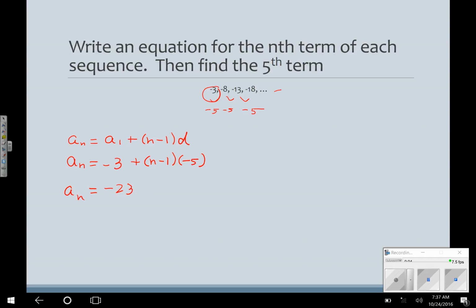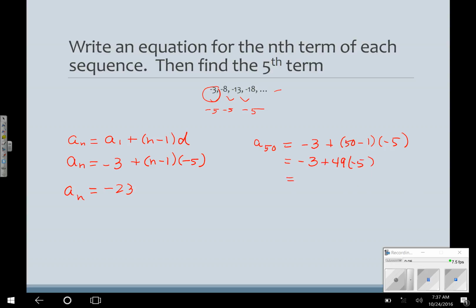Okay, but let's use this to find the 50th term. If I wanted to find a sub 50, we could find a couple, but it would get really tedious and boring if we tried to keep adding 50 times. So what I'm going to do is say a sub 50, so it's telling me which term I'm finding, and I'm going to plug it into my formula. Negative 3 plus 50 minus 1 times negative 5. So negative 3 plus 49 times negative 5.